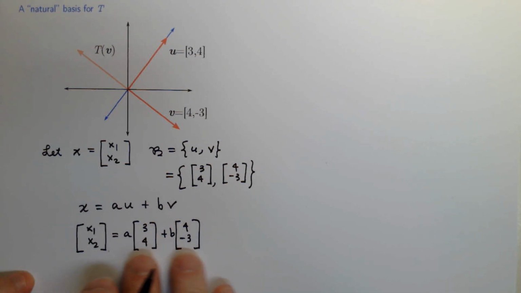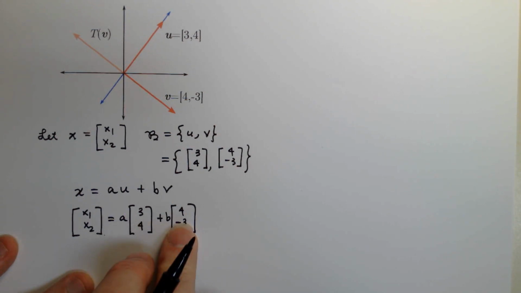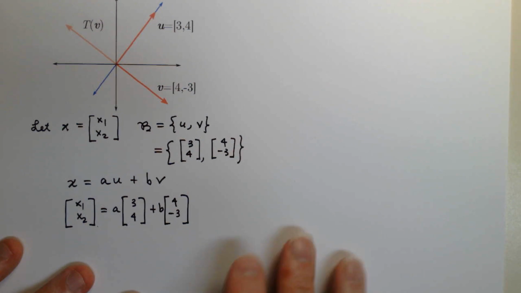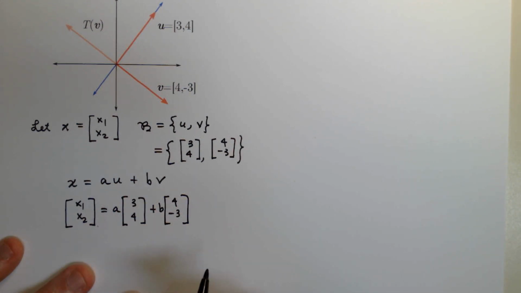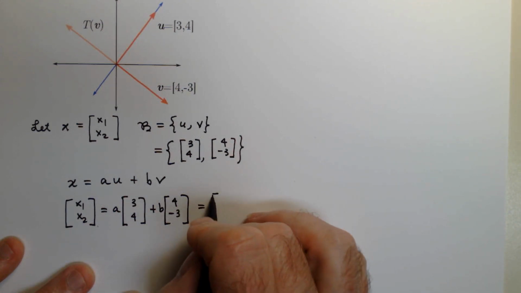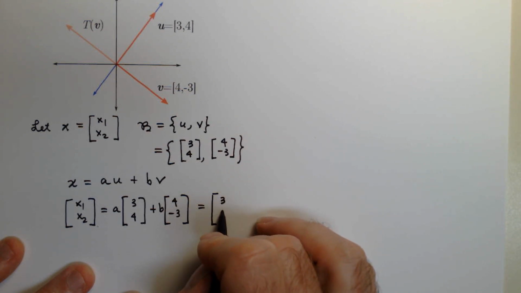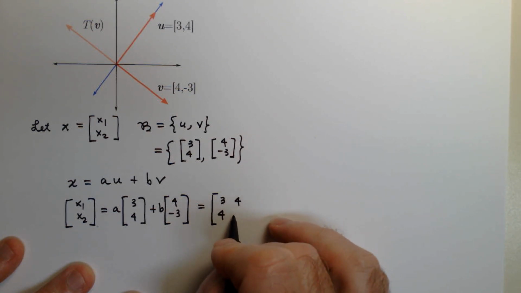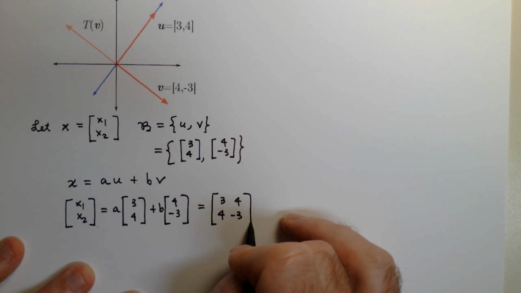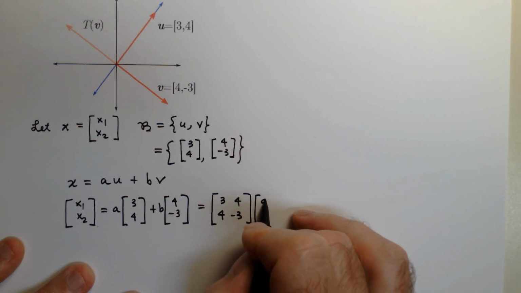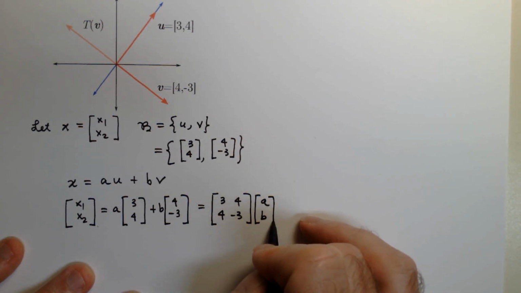Now we know that we can express this linear combination of 3, 4, and 4, -3 through matrix multiplication. So one way to express this right-hand side is to write it as the matrix with columns 3, 4, and 4, -3 times the vector a, b.